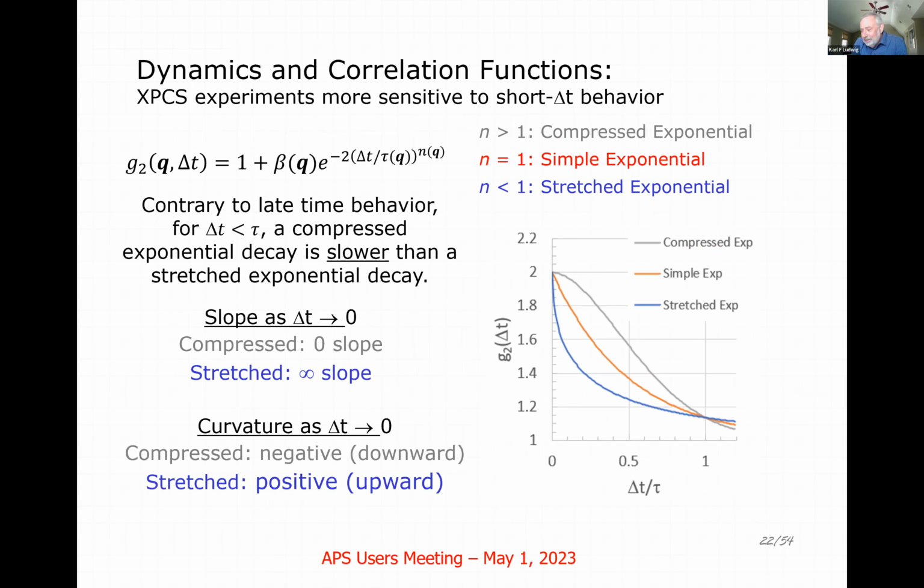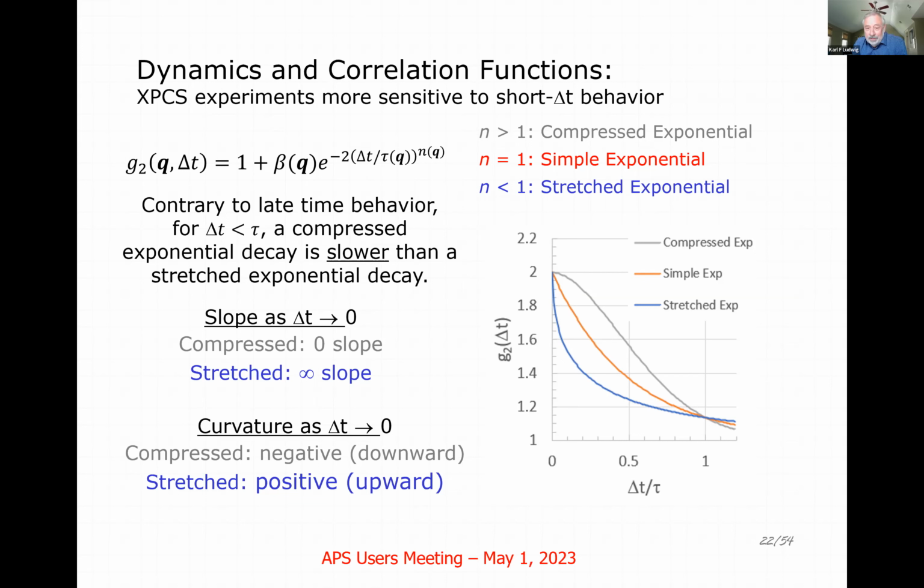One important thing to keep in mind is that for us, and probably most people in the XPCS field, when we're fitting a relaxation curve, we're fitting the early part of it, not some late, long-time behavior.